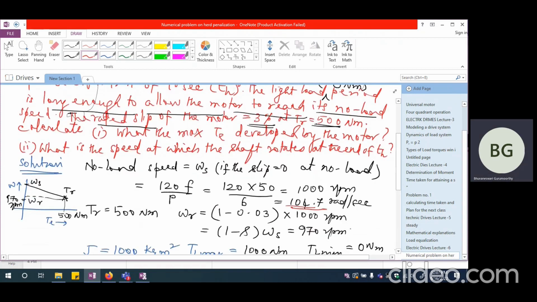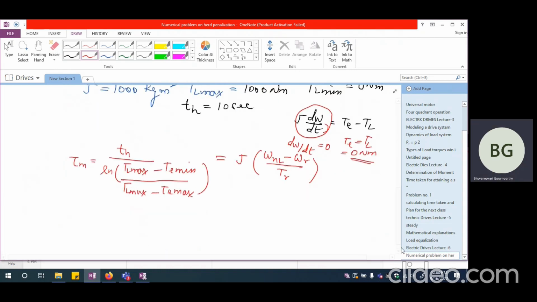So 970 RPM corresponds to 970 multiplied by 2 pi divided by 60. So that is omega r and that corresponds to 101.53 radians per second.